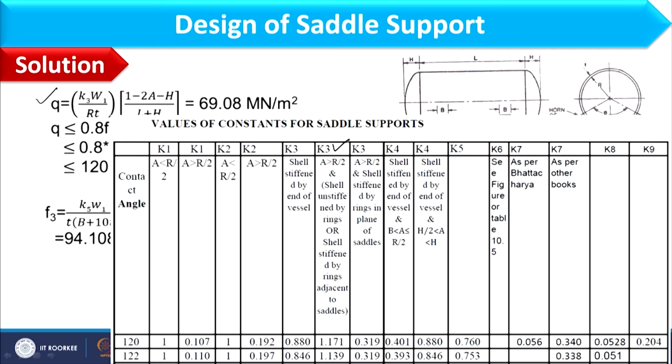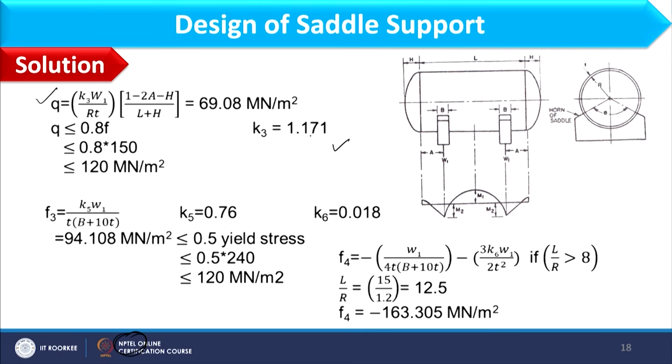I have taken this condition, that is shell unstiffened by rings, where no rings is provided. If rings will be provided, it will be given in the problem. So corresponding to 120, K3 value comes as 1.171. So considering K3 as this, we can find out Q, which is coming out as this, and this should be lower than 0.8 into F. So it is well satisfying the condition.